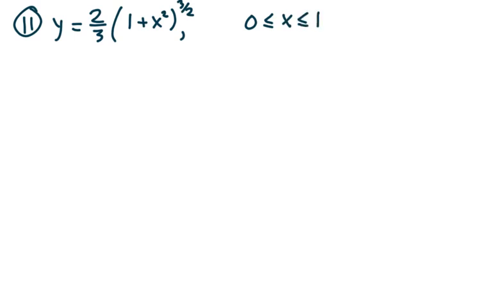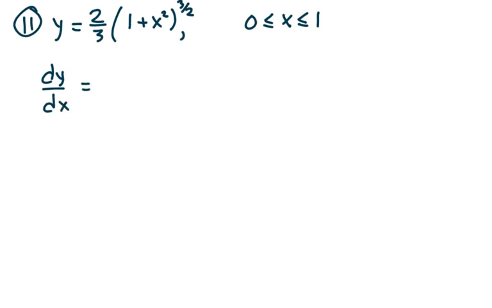So let's take a look at problem number 11. So on problem 11, we have y equals 2/3 times 1 plus x squared to the 3/2. And this is where x is between 0 and 1. Now, dy dx, we need the derivative.